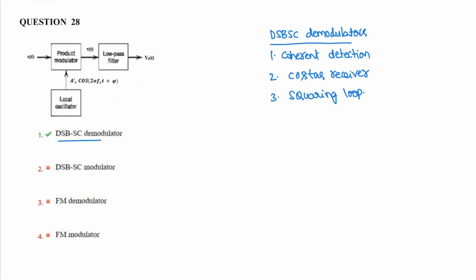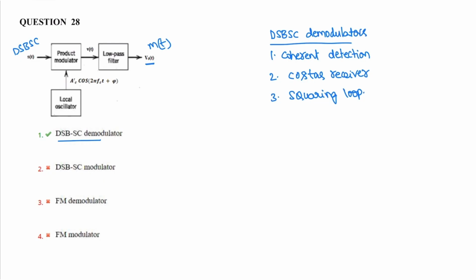In the coherent detection of DSBSC wave, the baseband signal m of t, in the question it is V naught of t, can be recovered from the DSBSC wave. So here it is the DSBSC wave, and this is the message signal m of t. The baseband signal m of t, or as per the question V naught of t, can be recovered from the DSB-SC wave S of t by first multiplying S of t with a locally generated sine wave, and then low pass filtering the product.